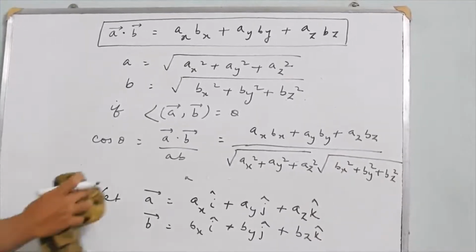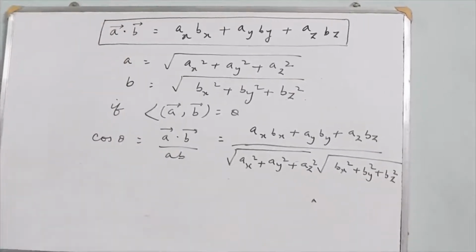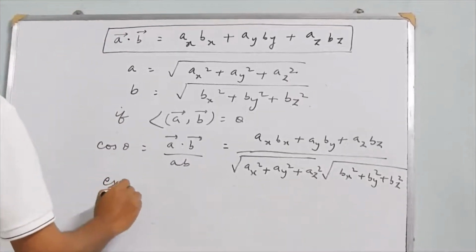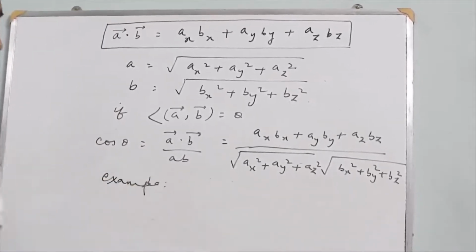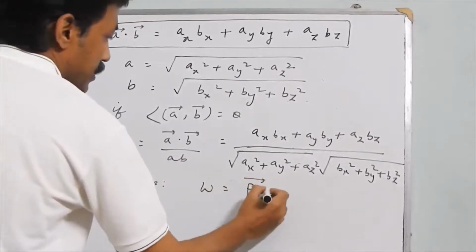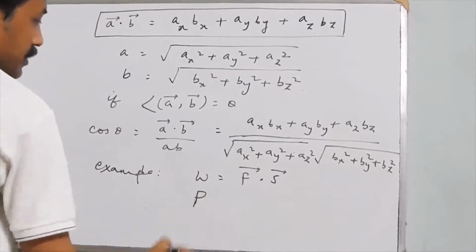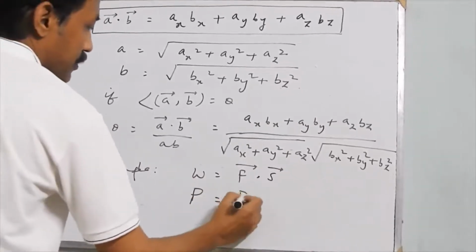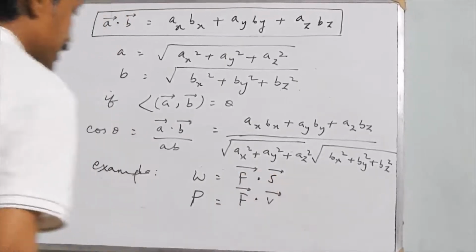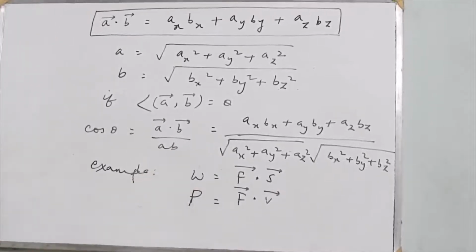Now, many physical quantities are actually expressed as dot product. For example, you probably know that work is the dot product of the force vector and the displacement vector. You also probably know that power is the dot product of force vector and velocity vector. So these are two popular physical quantities which are expressed as the dot product of two other physical quantities.